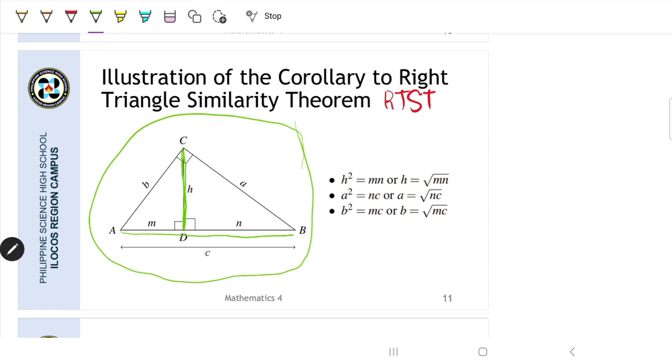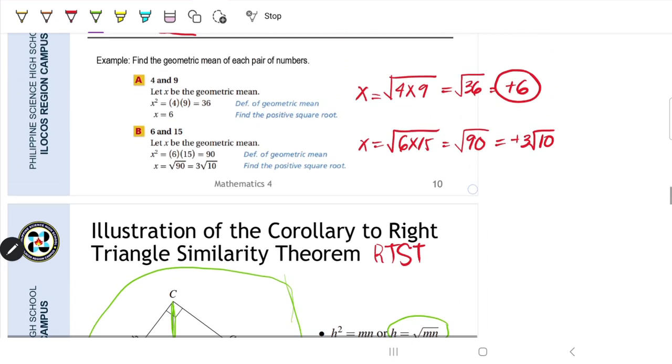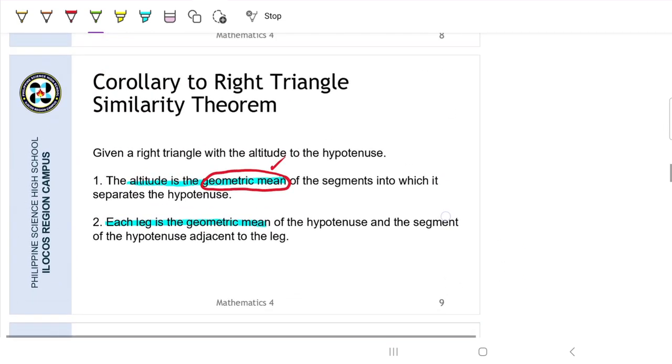So in this figure, your hypotenuse C comprises segment M and segment N. Therefore, if we are going to express that as an equation, H is equal to the square root of M times N. So that's the first statement of the corollary to the right triangle similarity theorem.